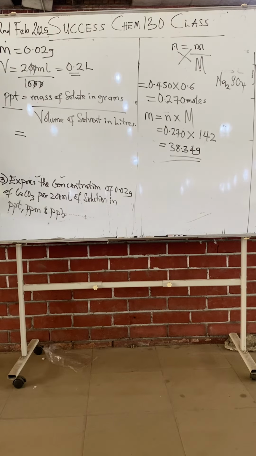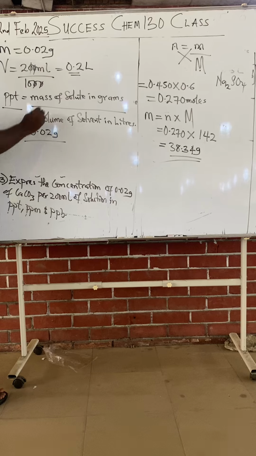So if you follow this solving I'm doing, you cover up what you missed. PPT is mass of solute in grams over volume of solvent in liters. Another name for PPT is mass concentration. The mass of solute is 0.02 grams. The volume of solvent is 0.2 liter.